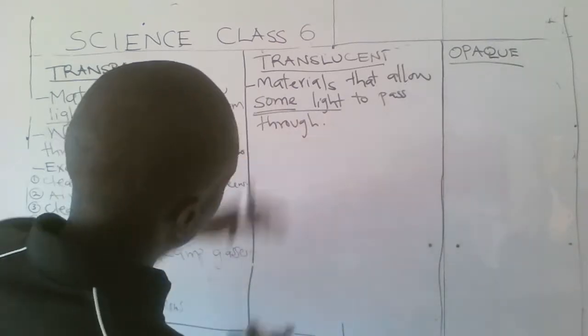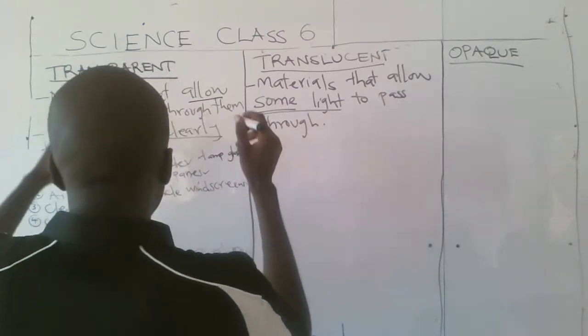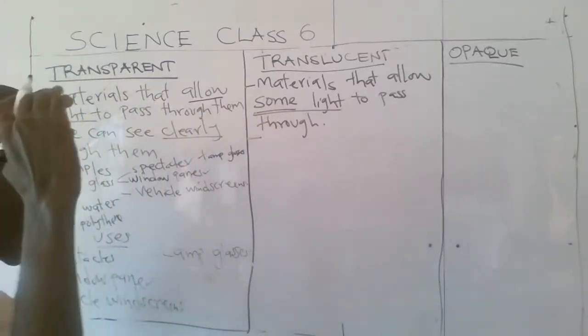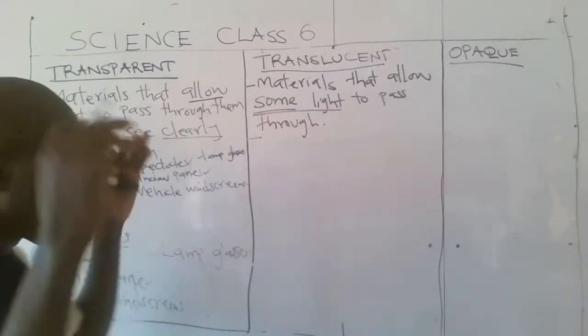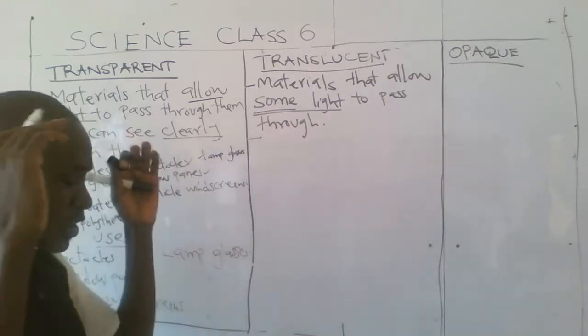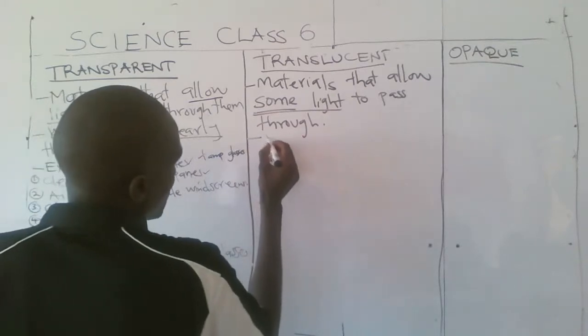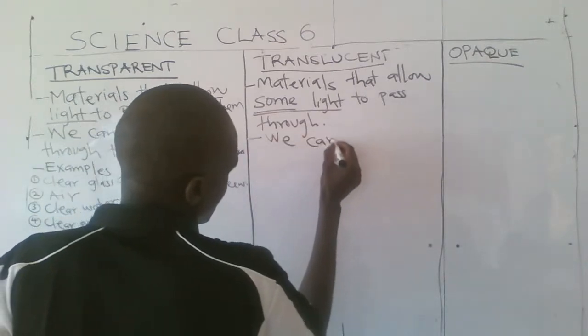Let's find out: can we see clearly through translucent materials? For translucent materials, we cannot see very clearly through them.